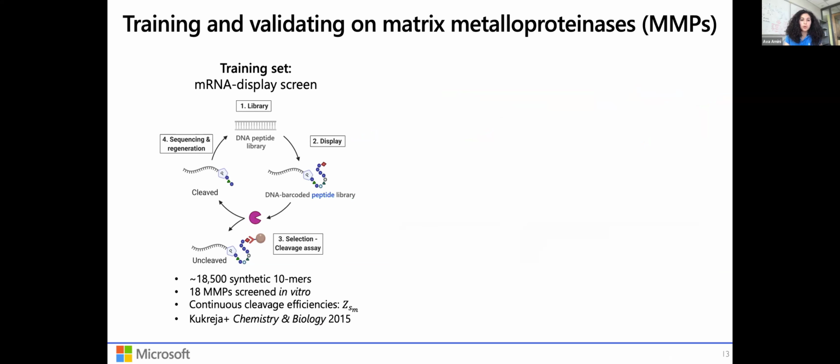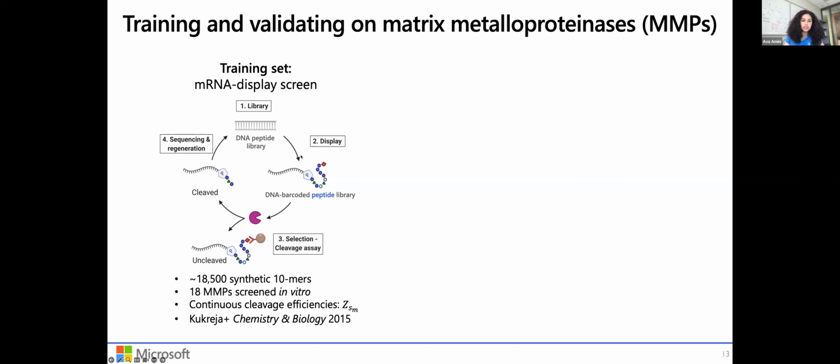And in particular, we were motivated by this because we were able to find a fairly large scale, at least in the protease community, large scale data set of displayed short synthetic peptides screened against a set of 18 distinct matrix metalloproteinases.